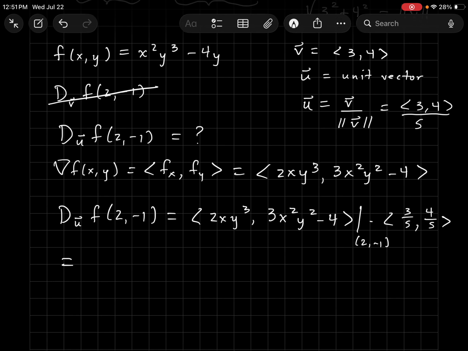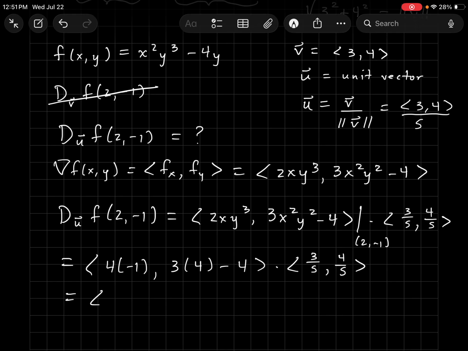And plugging in values, let's plug in 2 for x, so I'm going to get 2 times 2 times (-1) cubed. Plugging in for the partial with respect to y, we get 3 times 2 squared times (-1) squared minus 4. And then dot our unit vector.